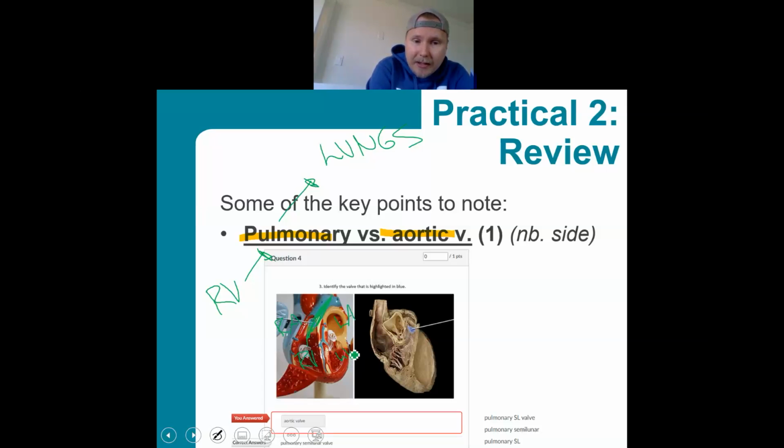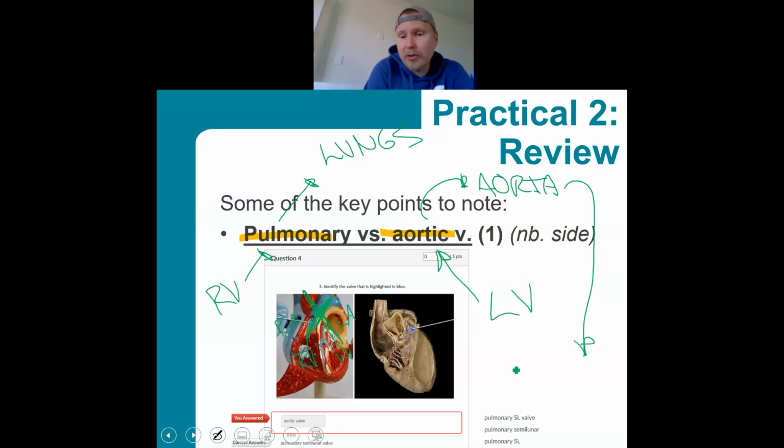From the left ventricle we have our aortic valve, and that then gives rise to the aorta, and then to the systemic circulation, to all parts of the body other than the pulmonary system. So again, if you were able to remember the difference between those two, that would be super helpful.